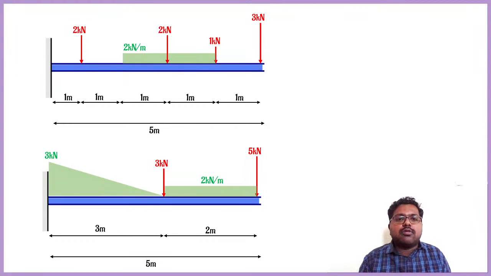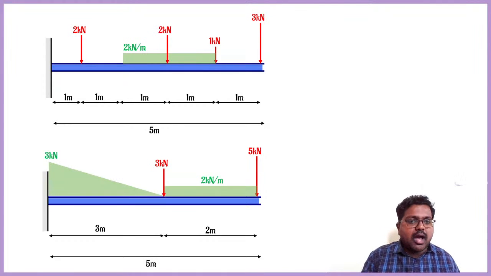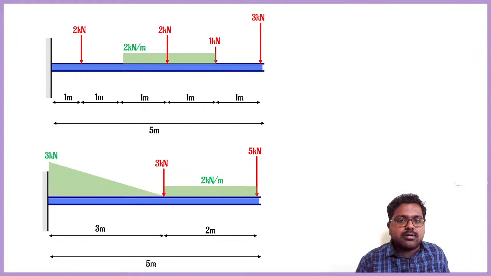In JNTU questions also they may ask such questions, given with point loads, UDLs, UVLs all together. Sometimes a couple may be asked also. Up to R16 there were no couple forces, but in R18 they included couples also, so there may be a chance of asking couples too.